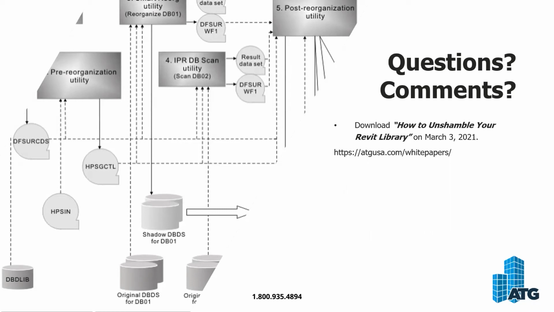We've bid jobs to help people unshamble their libraries where we had to write a very open-ended scope of work because typically those firms don't even know how many files they have. How do you write a scope for something where we don't even know where all the content is yet? But we're still able to get in there and help them and also educate them while we're helping them on that.